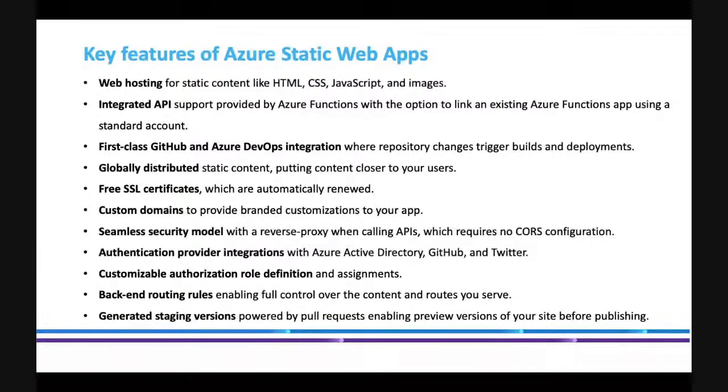First-class GitHub and Azure DevOps integration, where repository changes trigger builds and deployments. Globally distributed static content, putting content closer to your users. You also get free SSL certificates, which are automatically renewed. You get custom domains to provide branded customizations to your app. You get a seamless security model with a reverse proxy when calling APIs, which requires no configuration.